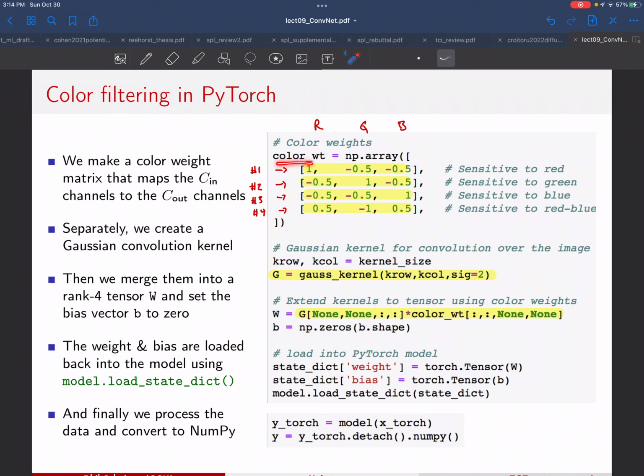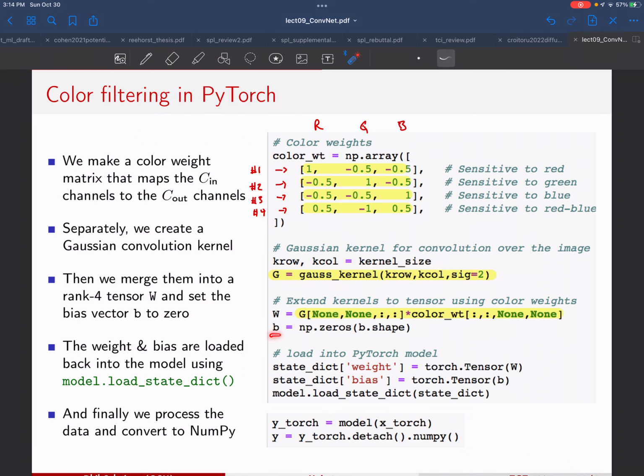And for this color weight matrix, let's make that a four-way tensor where the first two are the color channels, and the last two are empty. When we do this multiplication, NumPy knows how to do this, and it makes a four-way tensor that does this in terms of the color processing, and this in terms of the spatial filtering.